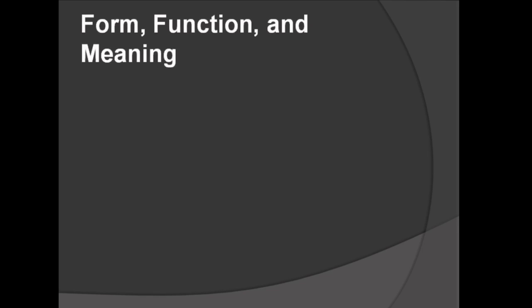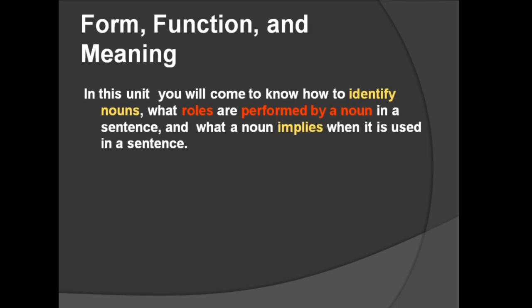Now in the second part of this presentation, we are going to deal with the form, function and meaning of noun. So how the nouns will be identified, what is the role of the noun performed in a sentence, and what it implies.